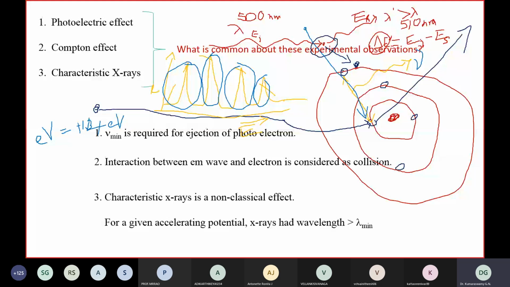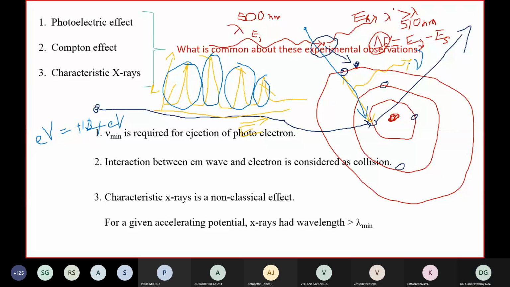When it comes here, what is its energy? Minus 13.6. That means it loses 13.6 electron volt. When it loses 13.6 electron volt, that comes out as an electromagnetic radiation.